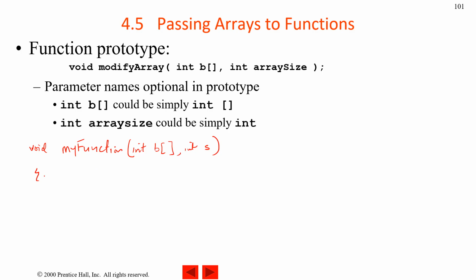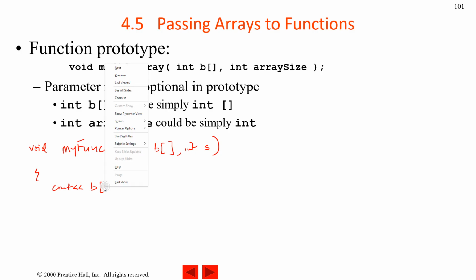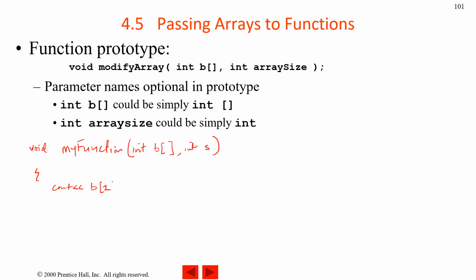So if I want to access the array over here, I will simply for instance write cout b of 1. So this is going to print the second element of the array because it starts from 0, so 1 is the second element. And since this is void, there is no return type I can do here.